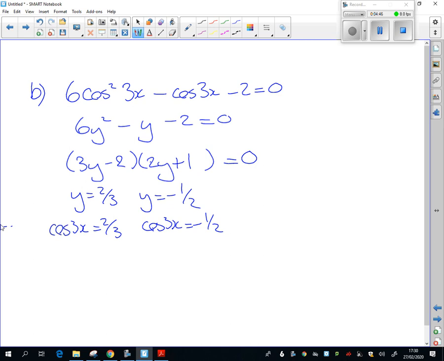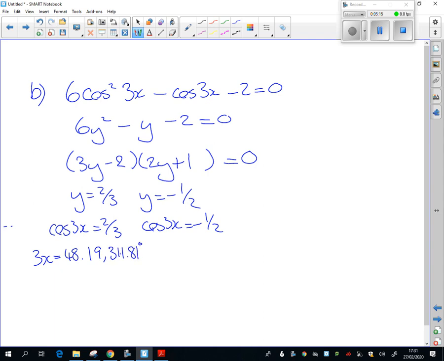So that's going to give me, let's get these solutions up. So if I inverse cos 2/3, I get 3x equaling 48 point, let's go 19 for now. It's cos, so my second solution is going to be 360 minus that answer. So I think that's going to work out to be too big, but we'll write it down anyway.